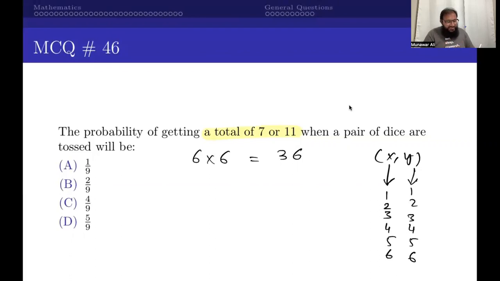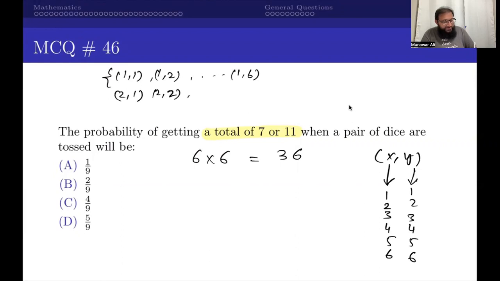I can write those, but it will take time. I can show you. Let's say 1,1 and 1,2 up to 1,6. Then 2,1, 2,2 up to 2,6, and so on up to 6,1, 6,2 up to 6,6.